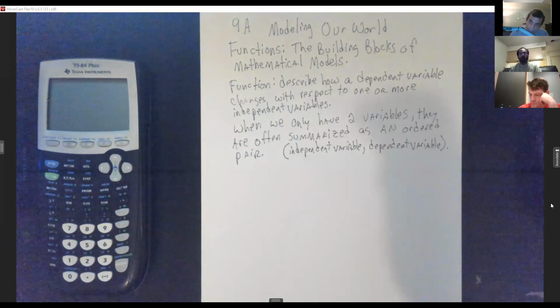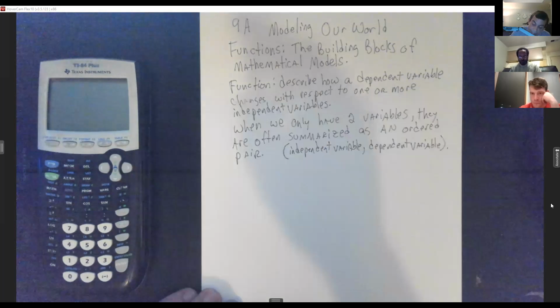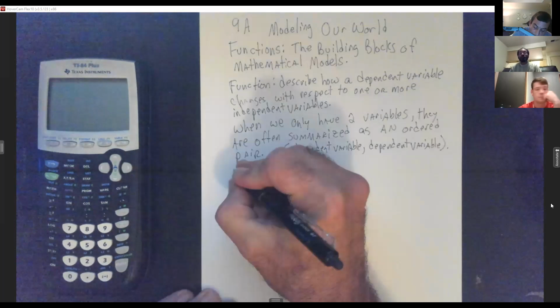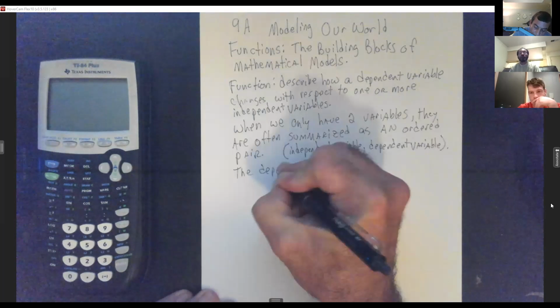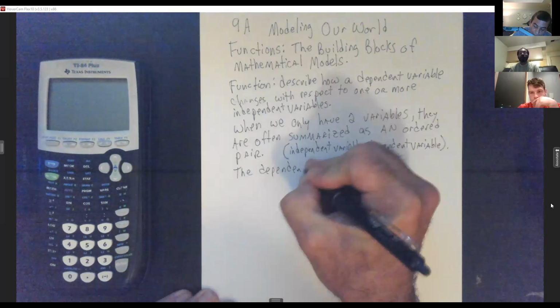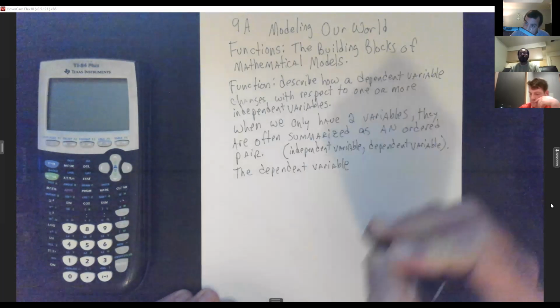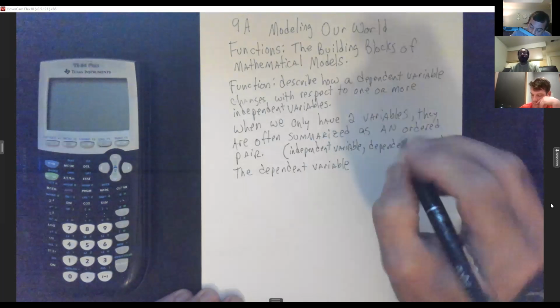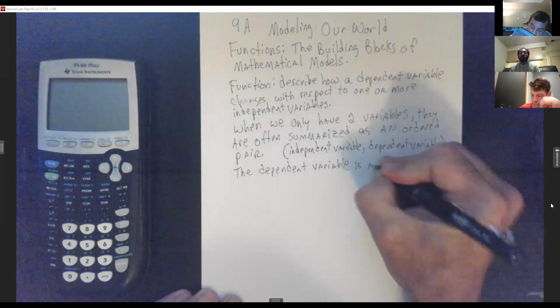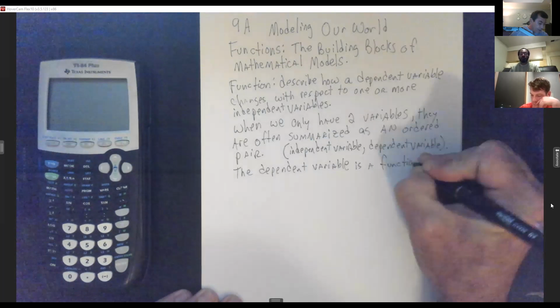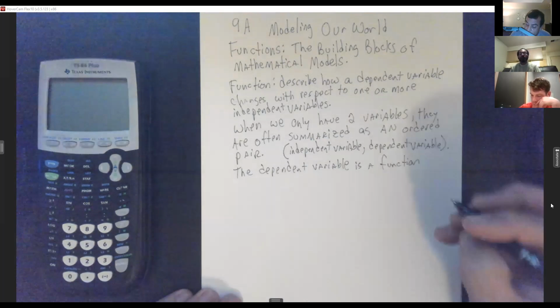So in reality, the dependent variable is a function of the independent variable.